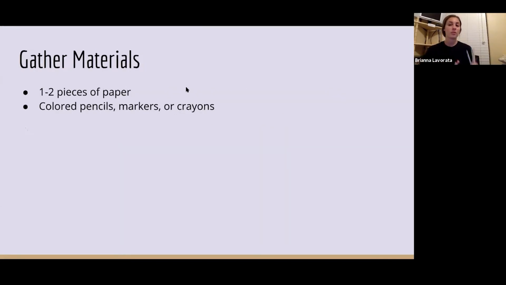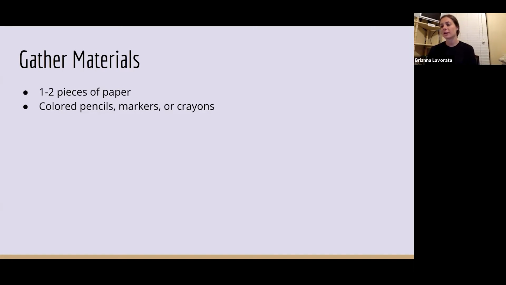So right now, before we get started deeper into the lesson, I wanted to give you guys about a minute or 2 to go ahead and gather some school supplies. I would like for you to grab just about 1 or 2 pieces of paper. They could be lined or they could be plain white, your choice. We might not use all of them. And go ahead and get some colored pencils, crayons, markers.